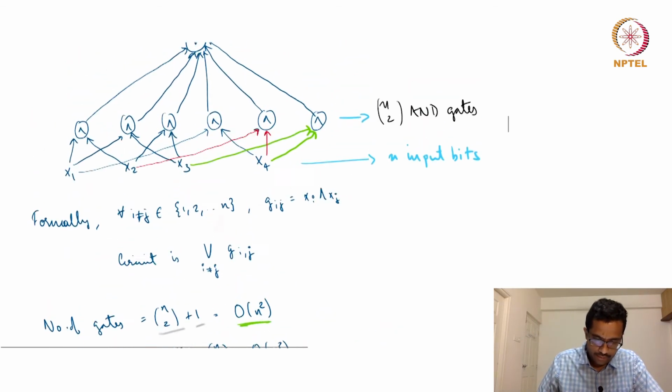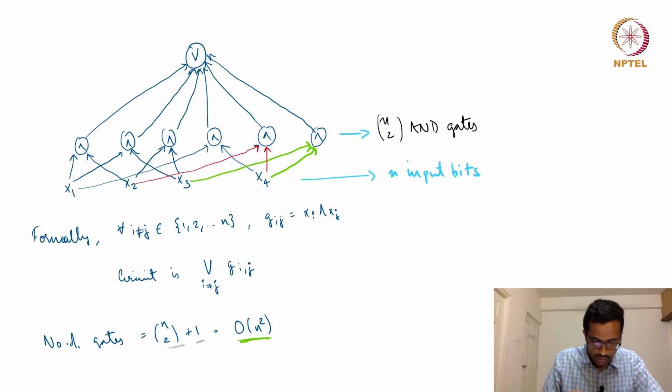Number of wires is just how many wires there are, each input going to a gate and each gate output going to another gate's input. Each input Xi, for example X1, goes to 3 gates here, because it has to be compared with each other input. Another way to check is that there are n choose 2 gates and each takes 2 input wires.